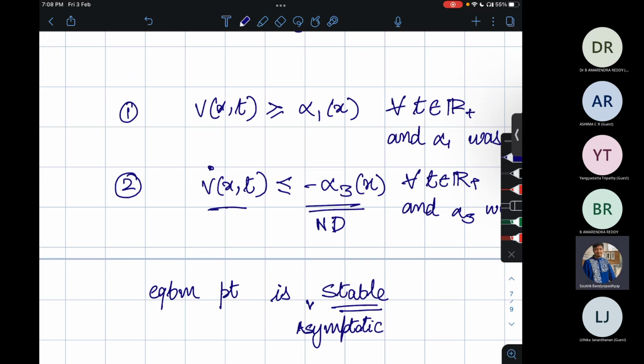So am I clear? Did this example help a little bit? Hello.